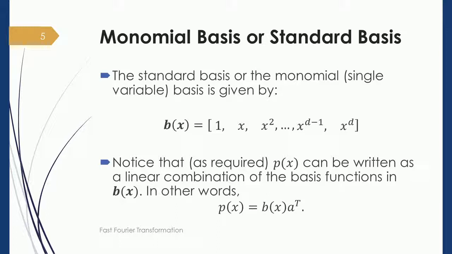In particular, if you take our polynomial p of x that we discussed in the previous slide, it can be obtained as a linear combination of the basis functions with the coefficients being the coefficients of the polynomial in the coefficient representation. In other words, P of x is equal to the vector product of B of x times A transpose.